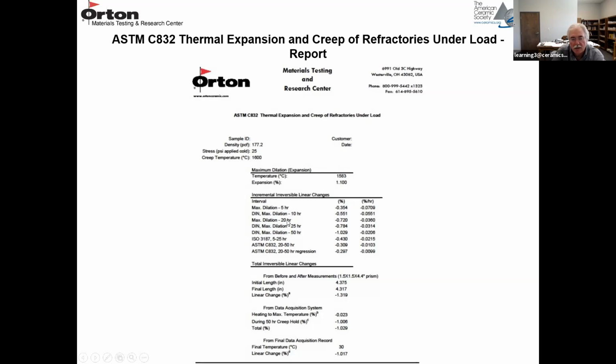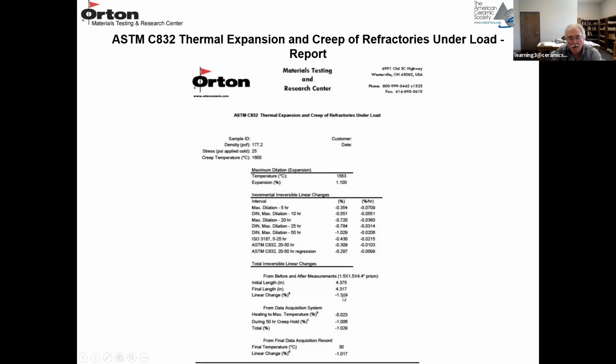Here's one maximum dilation to 20 hours, to 25 hours, and to 50 hours. And the ISO test likes to do a 5 to 25 hour deformation. So depending on what standard, you have all these different possible ways of looking at the creep deformation.